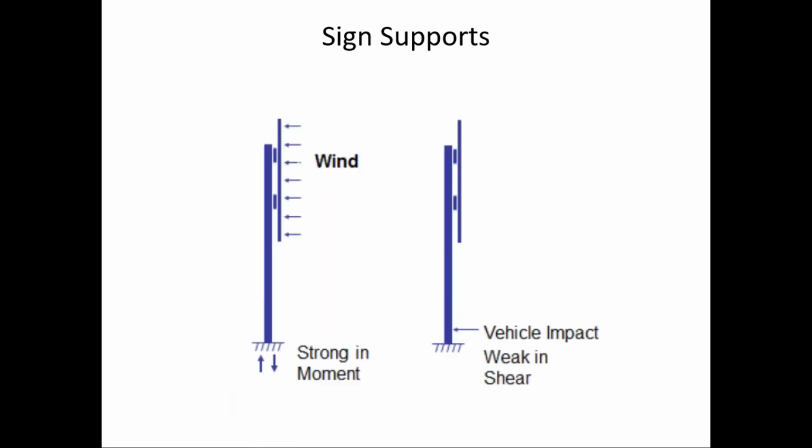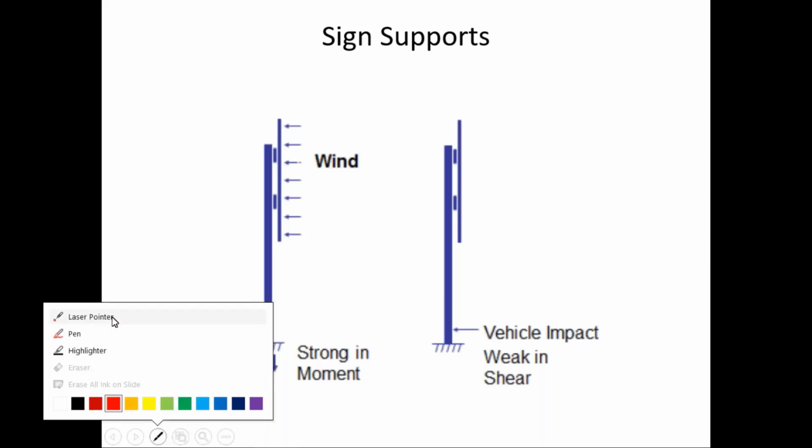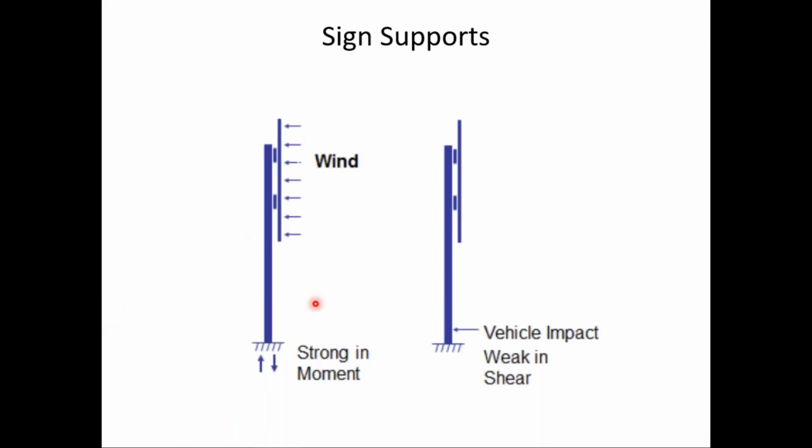And of course, sign support design is or can be a real challenge because the support has to be strong in moment to resist the wind loads. If you think about a large sign, it is like a large sail, if you will, so there are significant wind loads. So you have to have a support strong in moment to resist those wind loads.